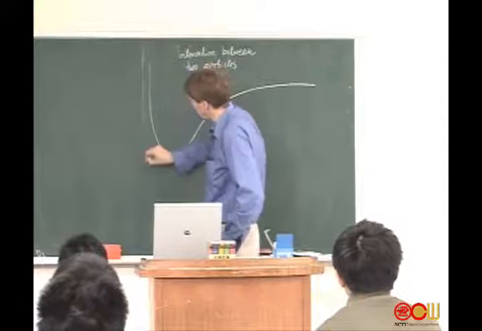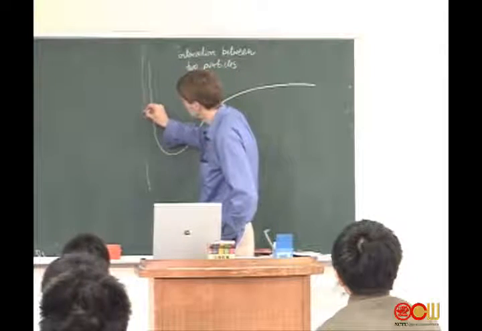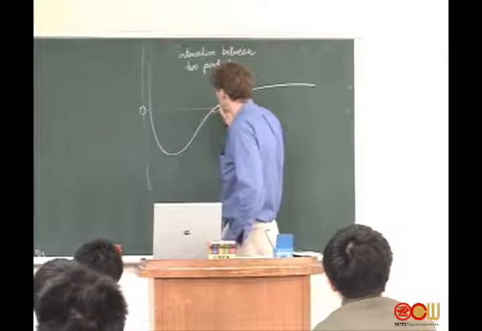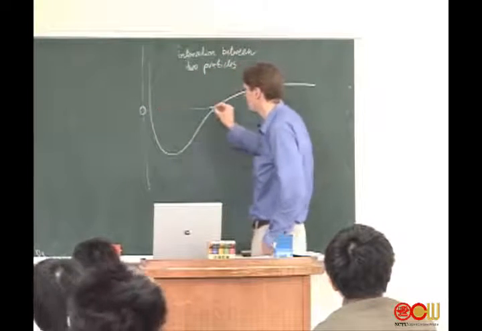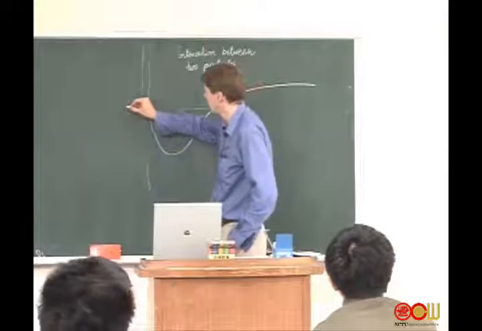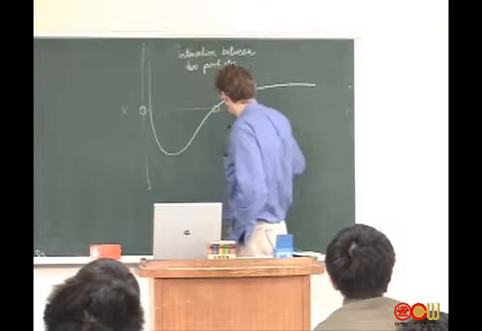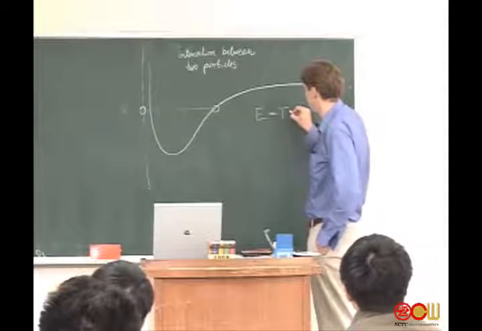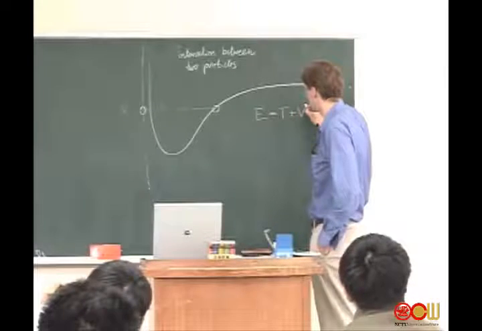And we have one of the particles being here, and the other particle, let's say, being here. So that's the potential energy between them, V. But now we know that the total energy is the kinetic energy plus potential energy.